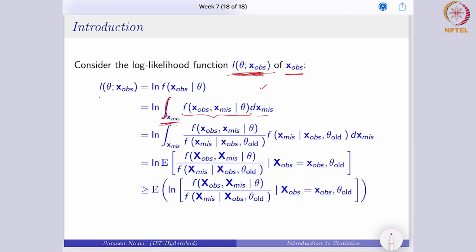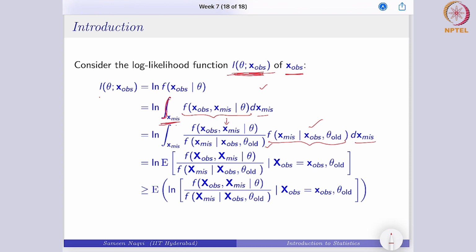Now in the next step, if you see, we have multiplied and divided by this term over here. You can see that this term is the same which comes over here. We have multiplied and divided by this conditional probability. Now what is this conditional probability?